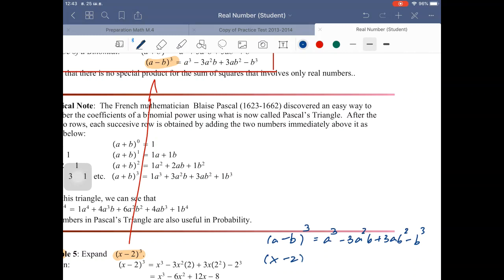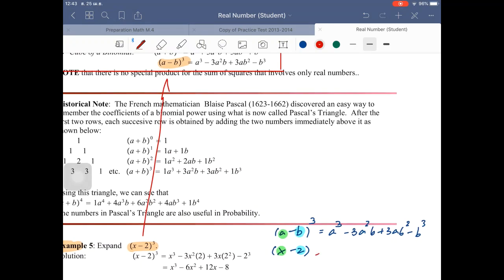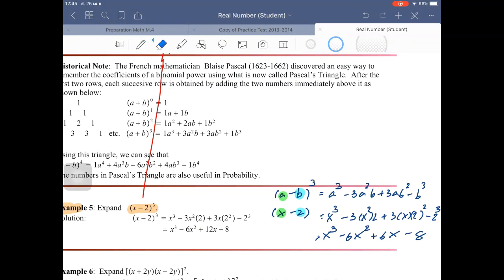Here, x minus 2, where x represents a, where b represents 2, and then you just put the variables in the formula. That's it. x to the power of 3 minus 3x squared b plus 3xb squared minus 2 to the power of 3. So what do you get? Oh, sorry, this one must be 12.